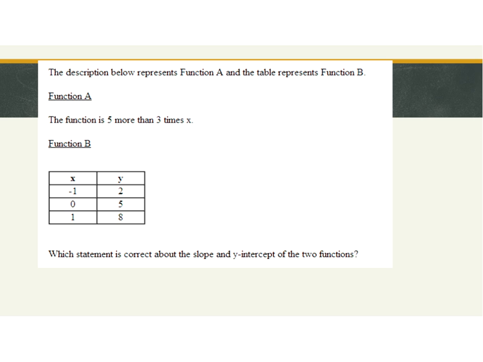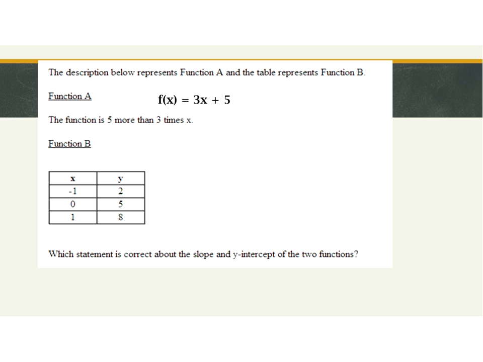The function is 5 more than 3 times x. So we're going to say f of x equals 5 more than 3 times x. So it's 3x plus 5. You have to be able to write that equation. Now, when we're graphing, we notice something.